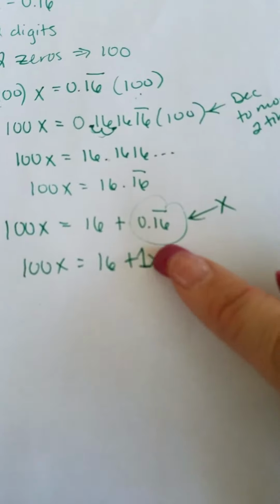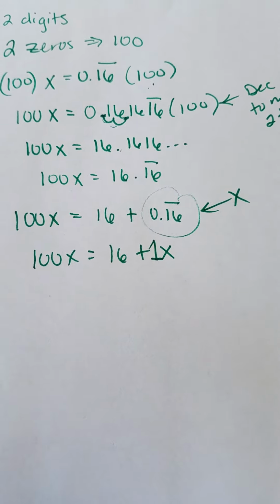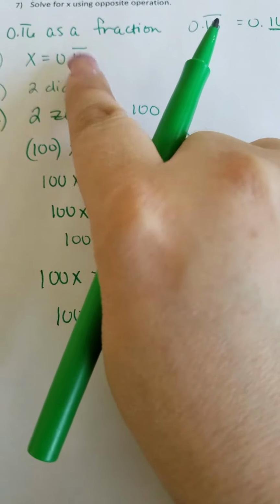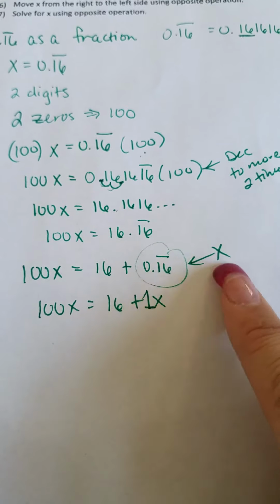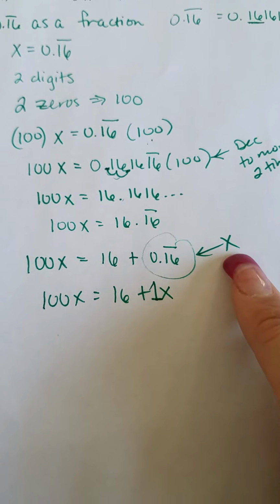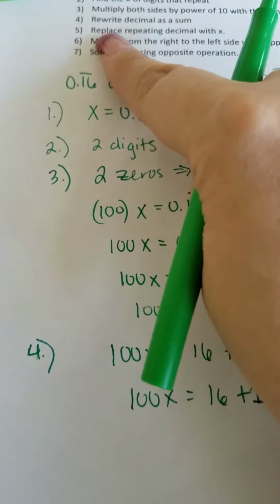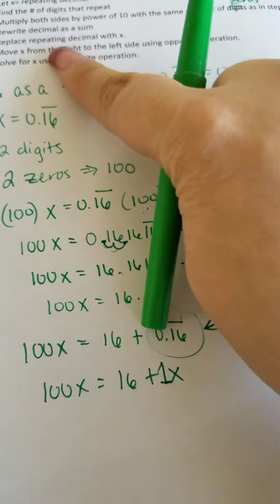There's always an invisible 1 in front of your variables, so that's a 1x. So remember, these 2 are interchangeable. So if I have the decimal, it's the same thing as saying x. That was number 5.